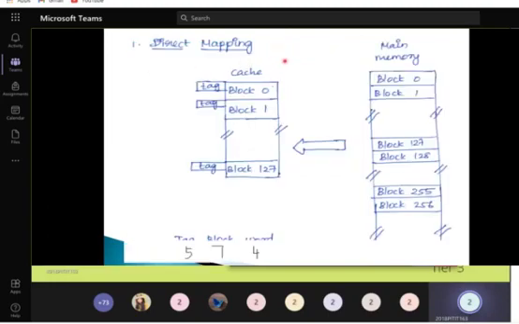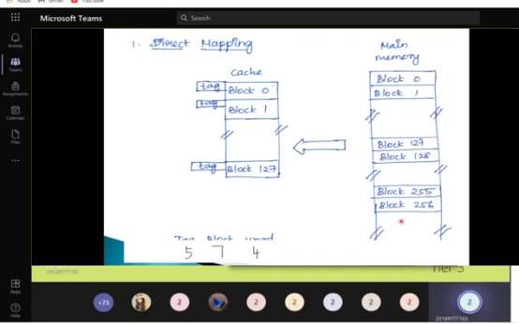So, direct mapping. In direct mapping, in main memory we have the set of data. How is this data fetched from main memory to the cache? We have the blocks of data in main memory, from block 0 to 256, 257.